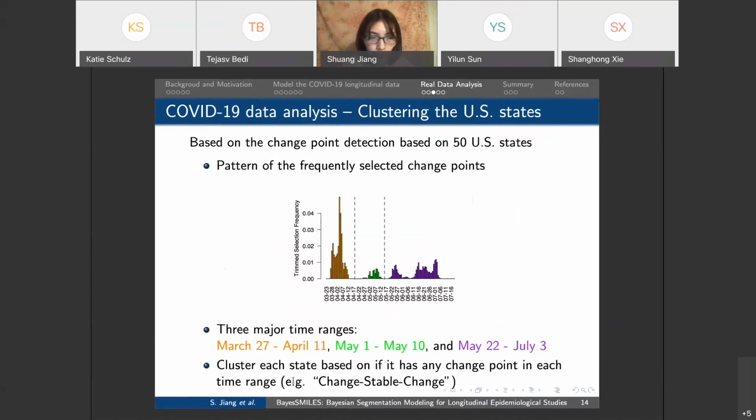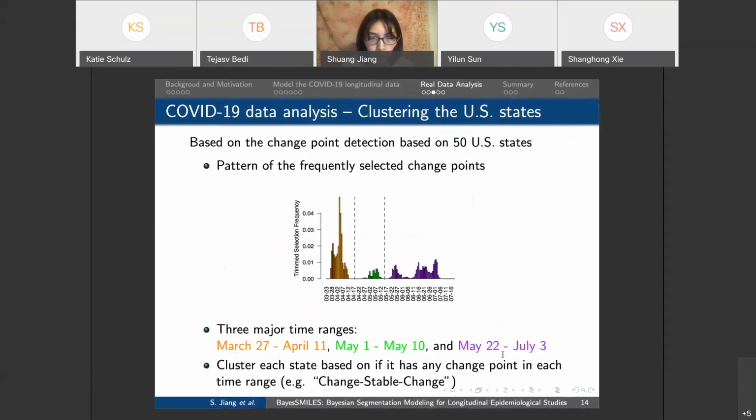For example, if a state has at least one change point in this first time range, we will mark the first element in its cluster label as change. If it does not have any change point in the first time range, we will mark it as stable. And we did the same thing for the second and the third time ranges.